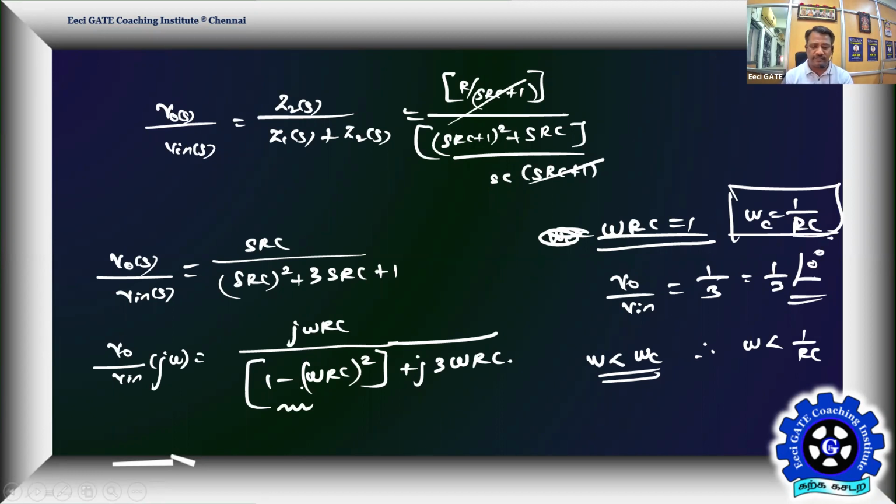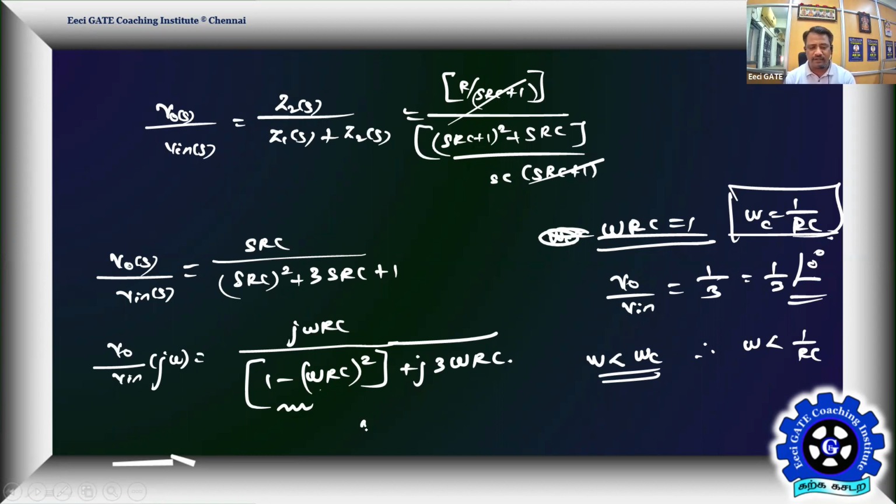So 1 minus omega RC the whole square, assuming omega RC equal to 0 also belongs to that, then this is also going to be 0. Some omega RC number you can assume.